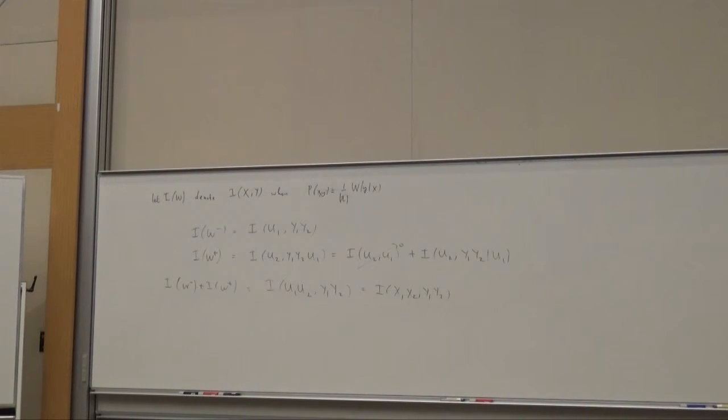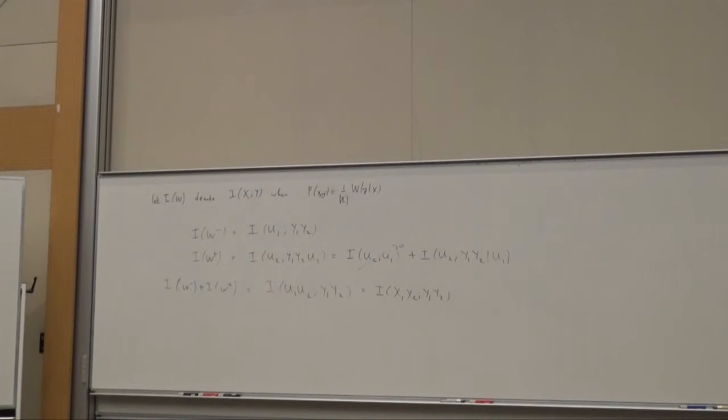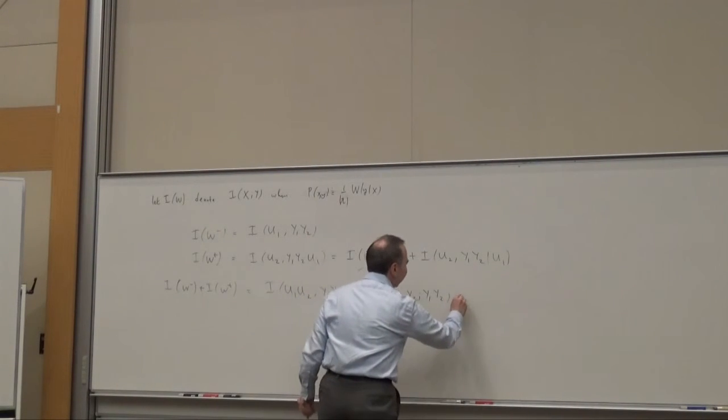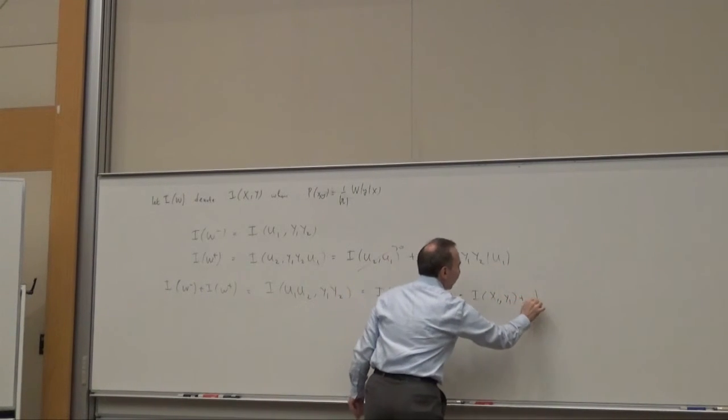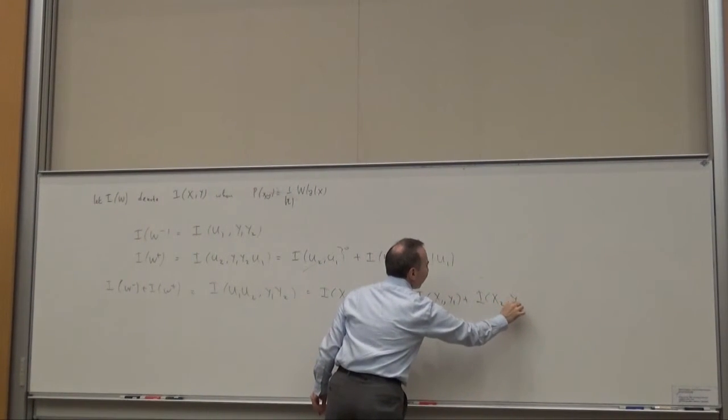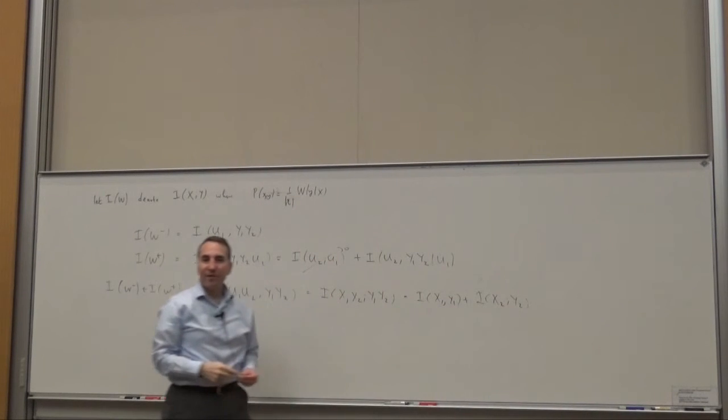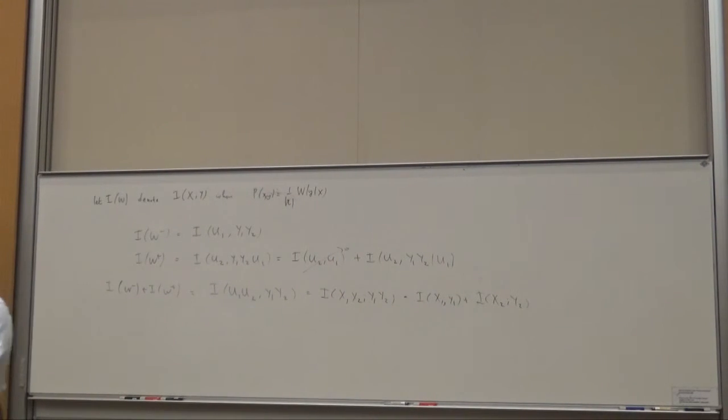If U1 and U2 are independent fair coin flips, U2 is a fair coin flip, U1 plus U2, since you add a fair coin flip to a fair coin flip, it is independent of the thing that you started off with. So this is equal to then I(X1; Y1) plus I(X2; Y2), each of which is the same as I(W). This is the mutual information developed over channel W, both of them.